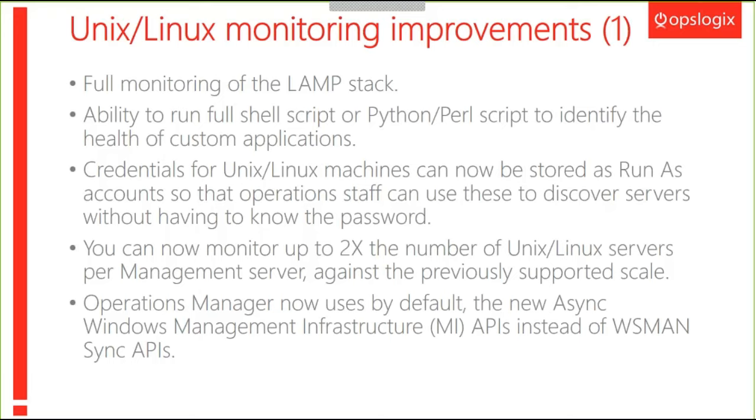So if you take the scale numbers that are applicable for Operations Manager 2012, you'll see that 2016 supports double the number of Linux servers per management server that we have had previously. And Microsoft switched from a technology called WS-MAN, and they're now using the async management infrastructure as part of the new agent and the new scaling numbers.